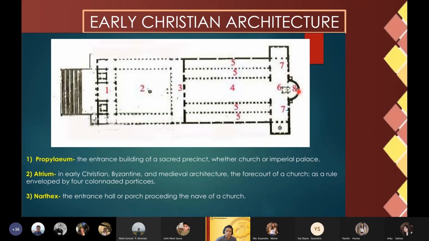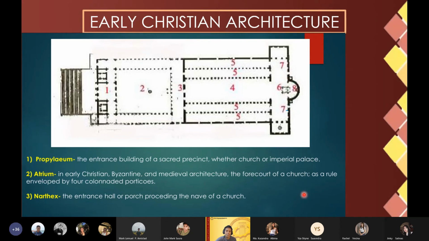Number 8 is the apse. How about the font? Where is the font? The font is somewhere here. It's either at the entry or placed here for the baptism. How about the ambo? Where is the ambo? The ambo could be placed beside the altar table.